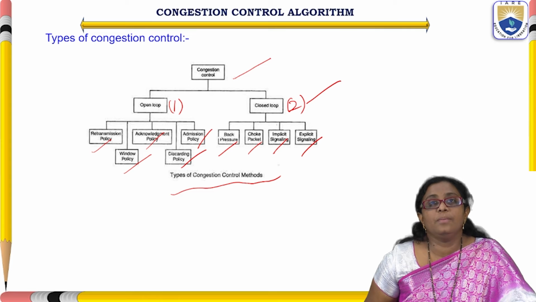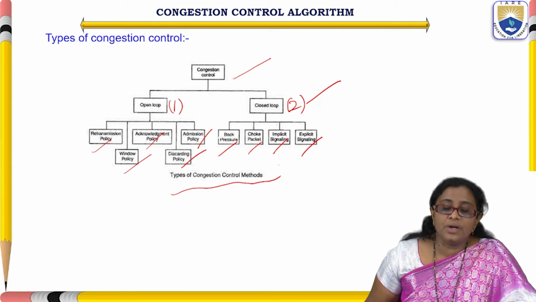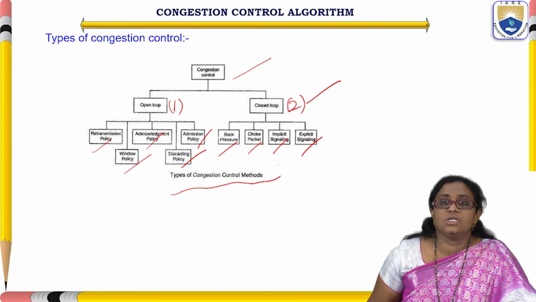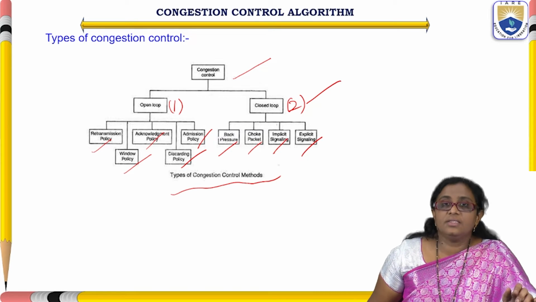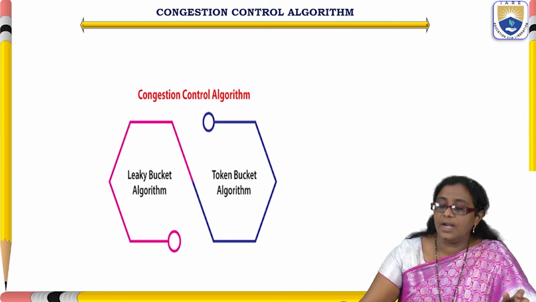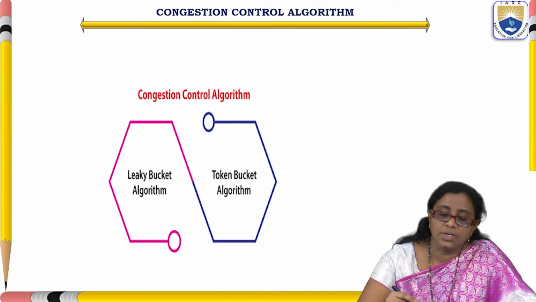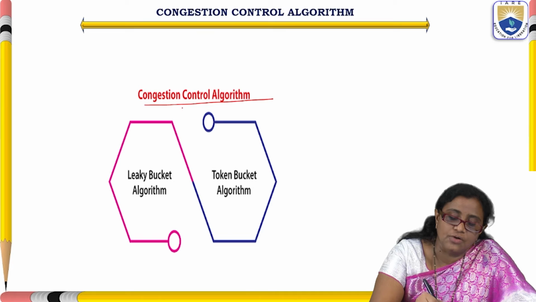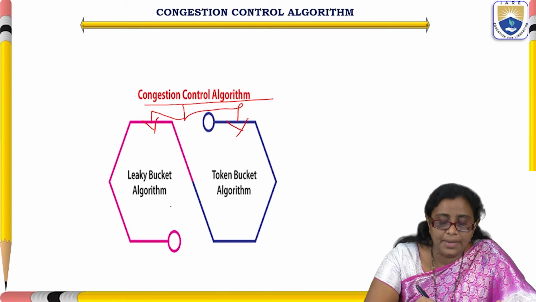Let us see one by one how these open loop and closed loop work, what the main two types of congestion controlling methods or algorithms are, and what types of advantages we will have. First of all, the congestion controlling algorithm mainly consists of two types. The first one is the leaky bucket algorithm.